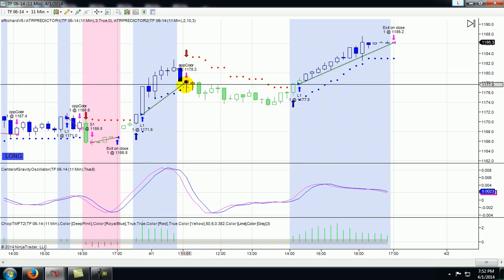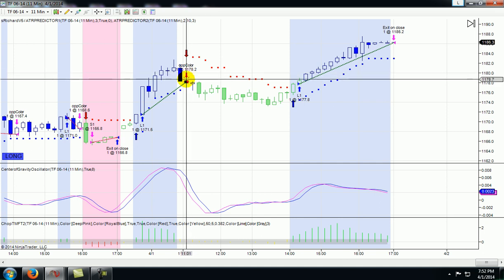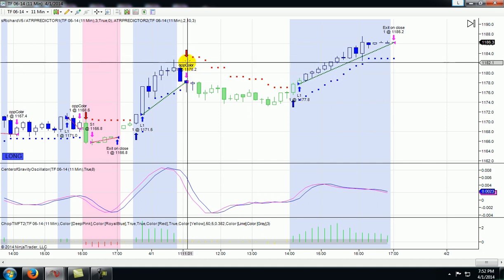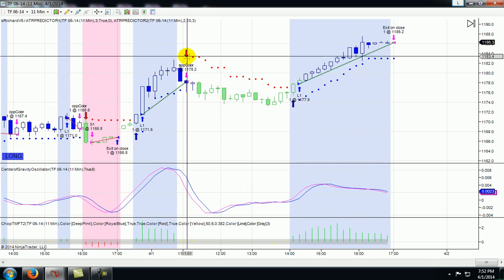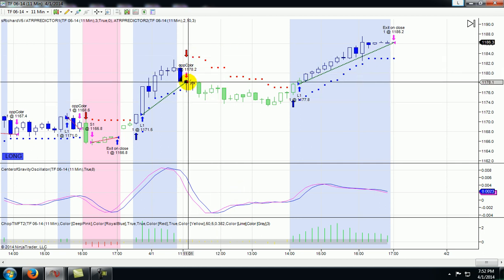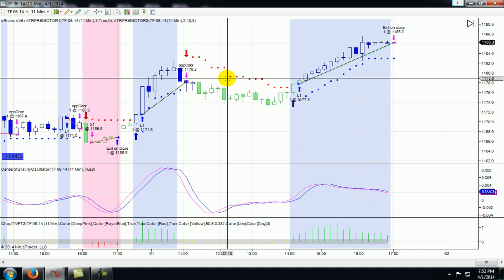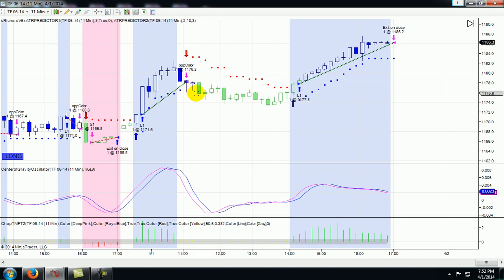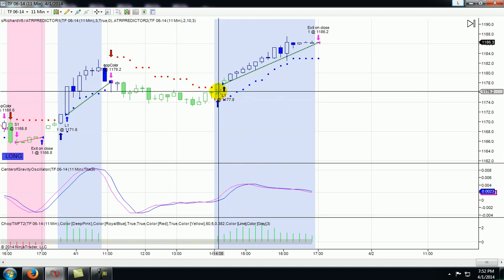They both would have gotten out at the same bar here. You see we're in a white band here, and then here's the ATR exit arrow. And then over here, again, same deal.